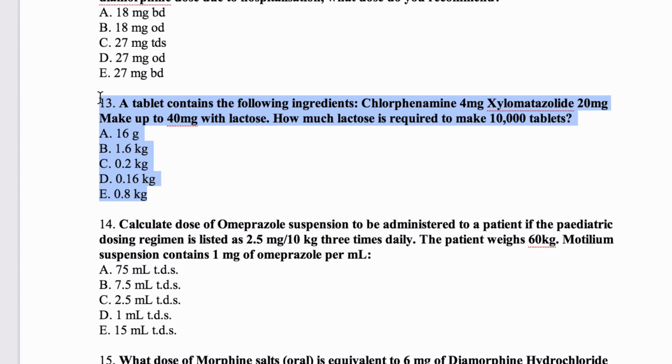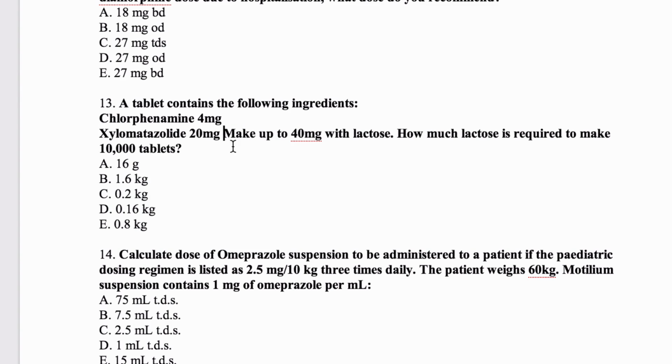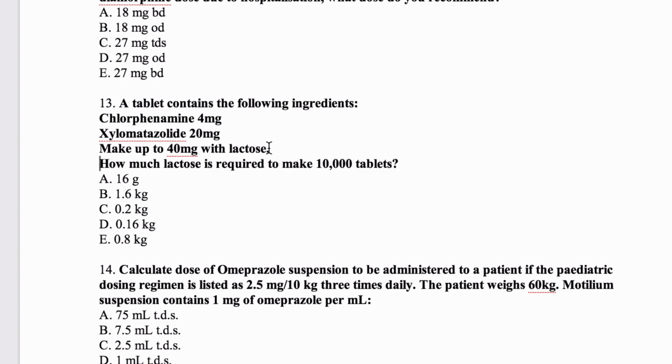A tablet contains the following ingredient: chlorphenamine, 4 milligrams. How much lactose is required to make 10,000 tablets? So you just have 4 milligrams plus 20, that is 24 milligrams. So 40 minus 24 gives 16 milligrams of lactose in one tablet.